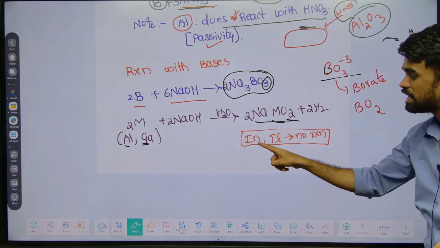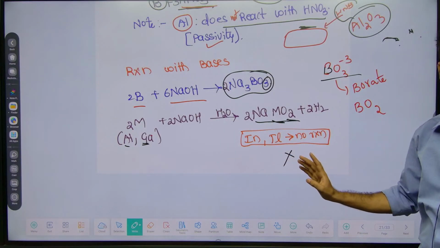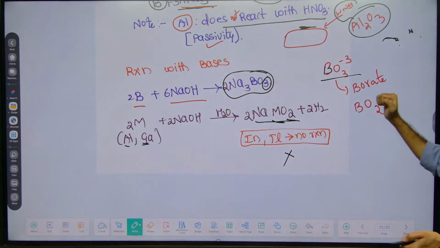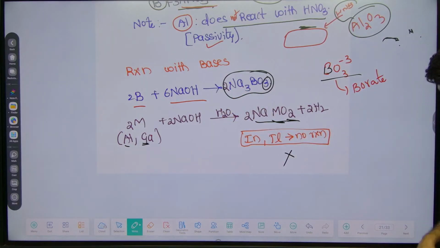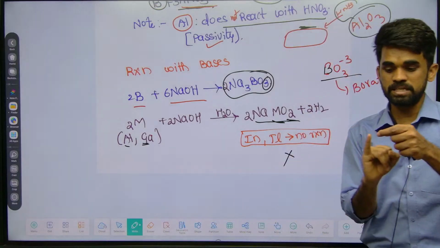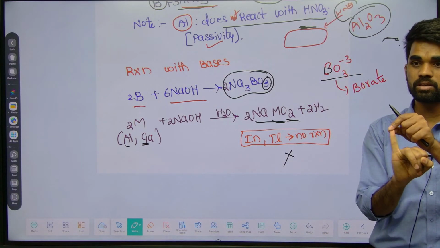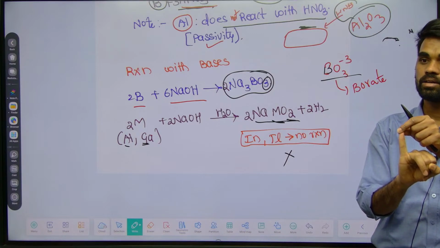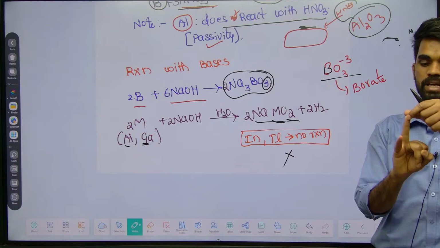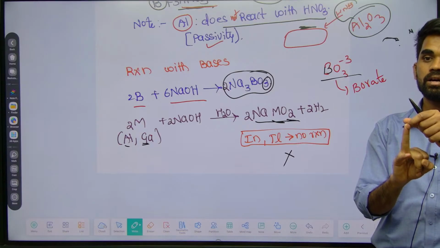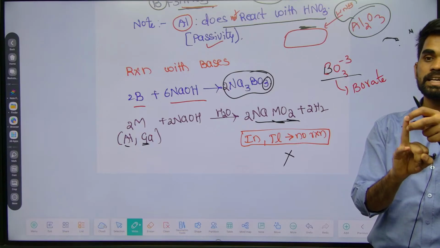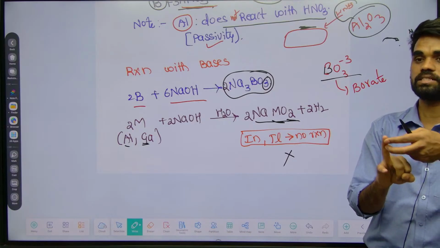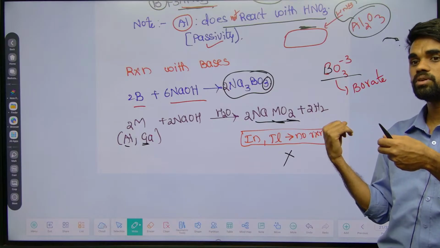Whereas indium and thallium, no reaction with bases. So once again, with base, boron forms sodium borate, Na3BO3. Aluminium and gallium form meta-aluminates and meta-gallates. Indium and thallium, no reaction.